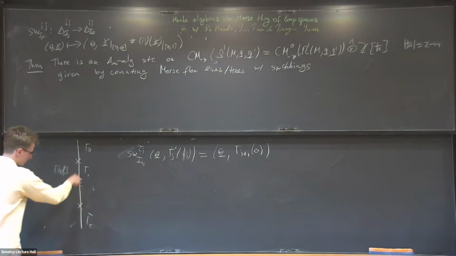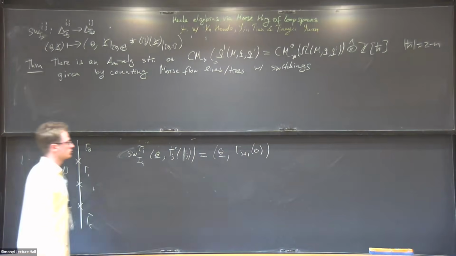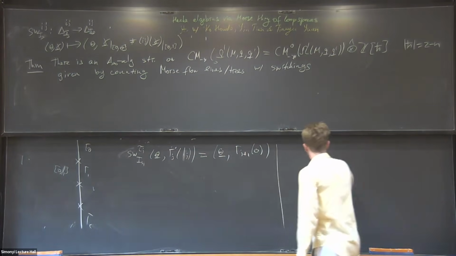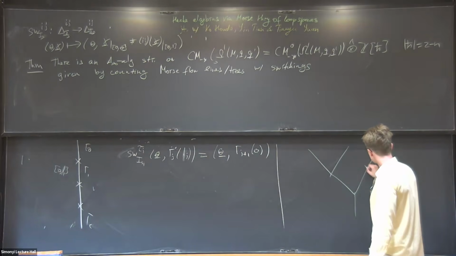So when you hit the diagonal here, you apply this switch map and you keep on going.